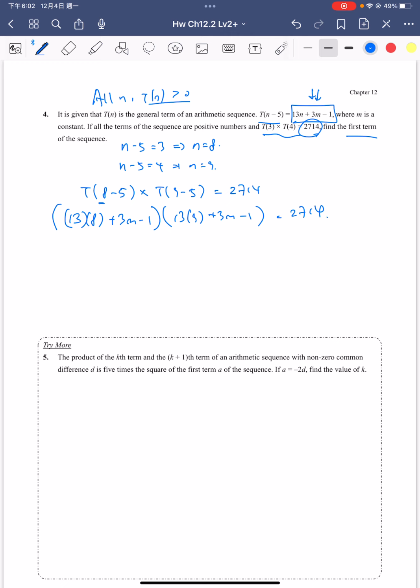Okay, so now we can calculate the whole thing here. 13 times 8 giving you what? 104, so minus 1 giving you 103 plus 3m, and then we times 13 times 9 giving you 117 minus 1 giving you 116 plus 3m. So this is equal to 2714.